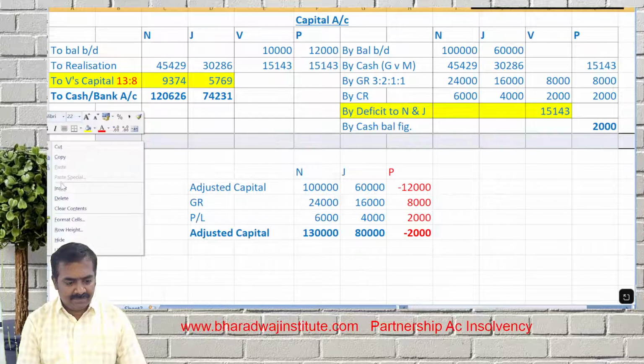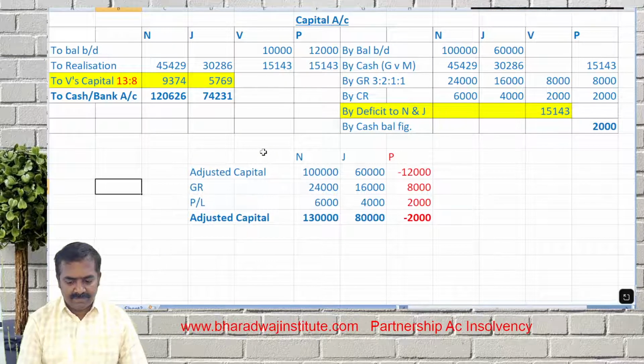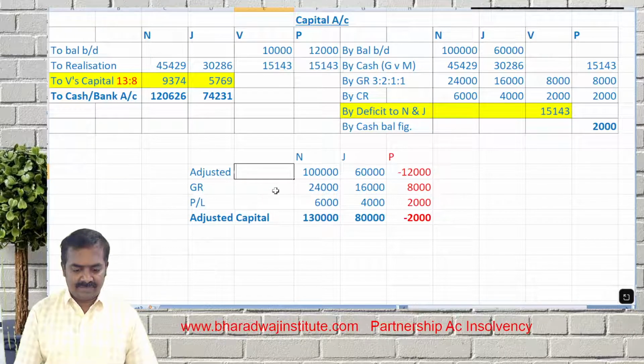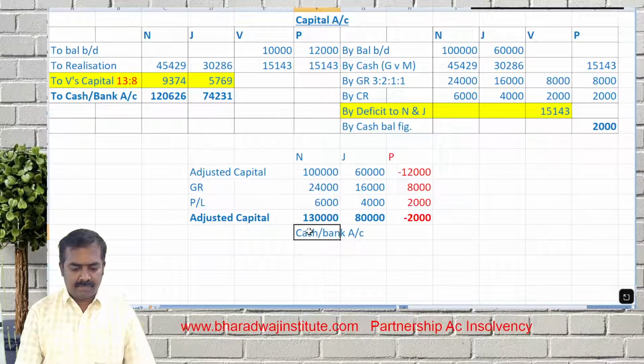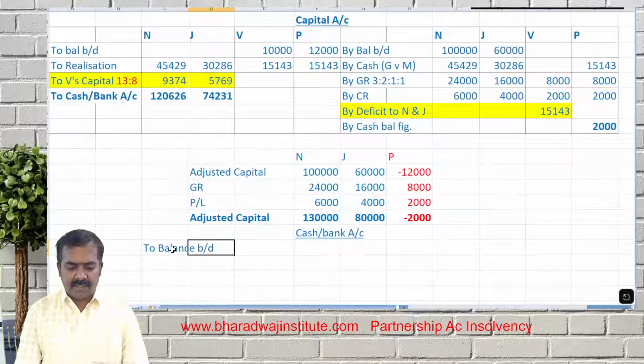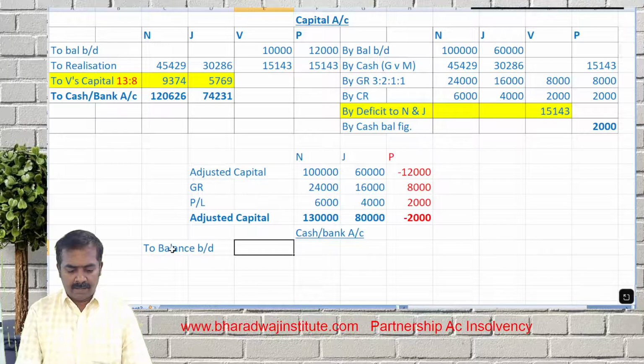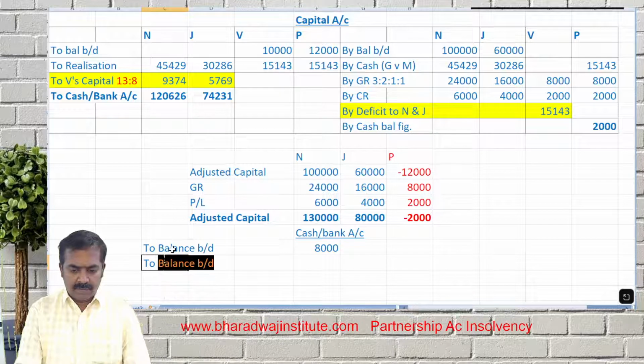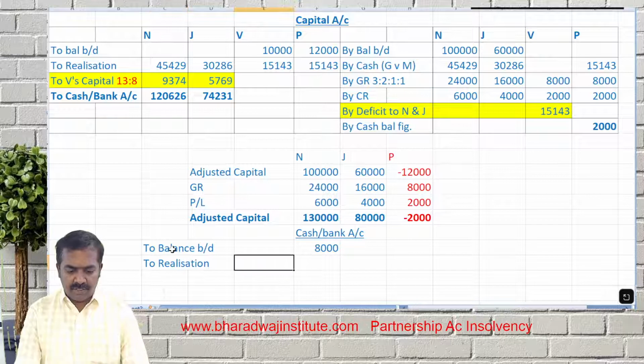Now, in the same way, two balance brought down. What is the opening balance? Cash balance, opening balance? To realization, realization assets.